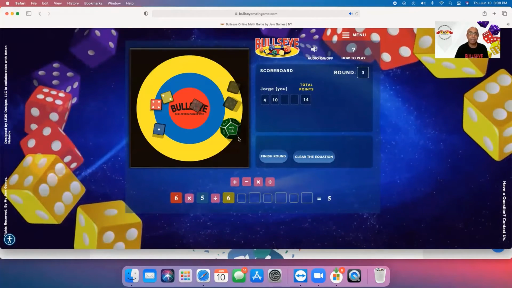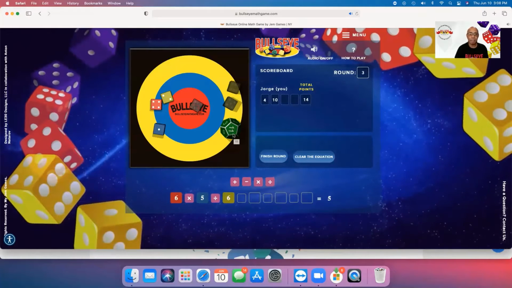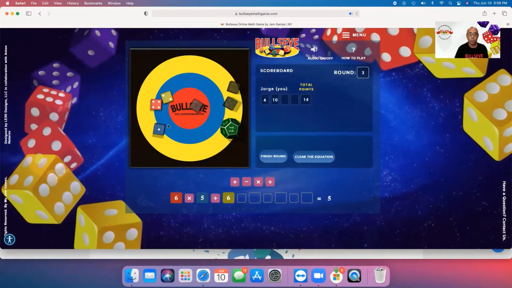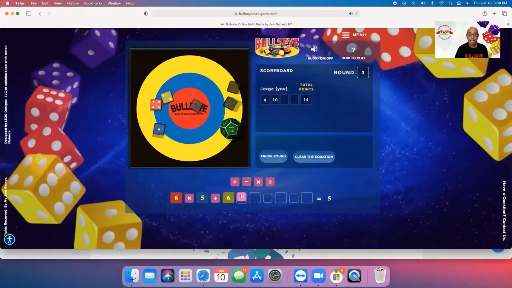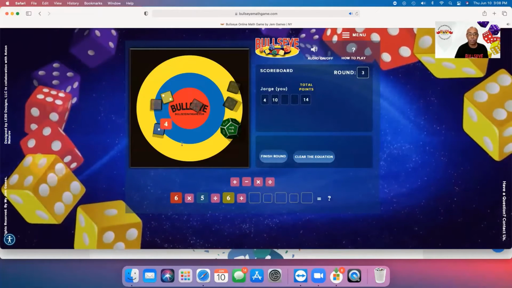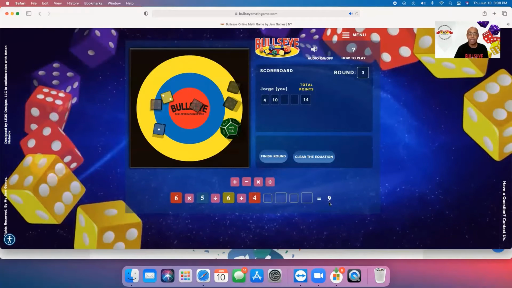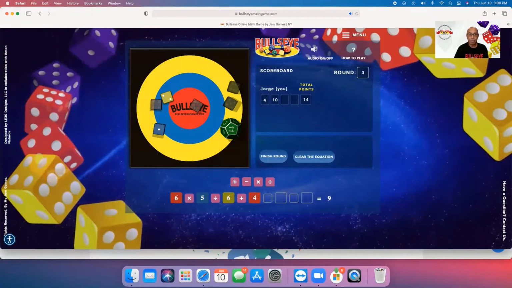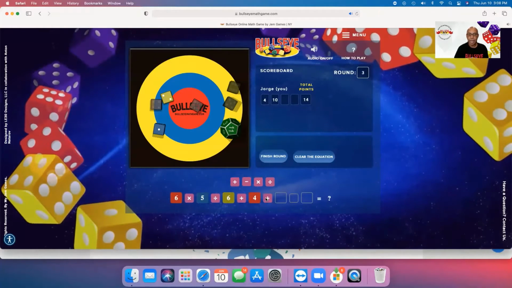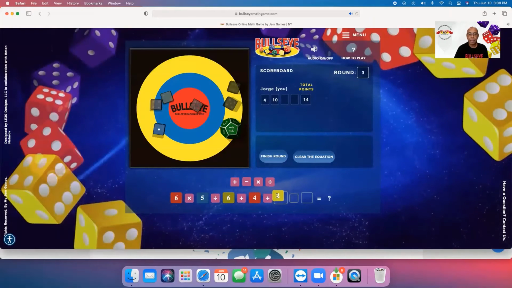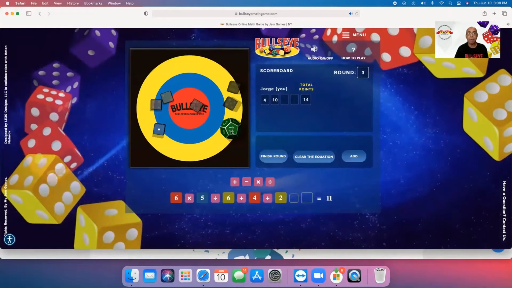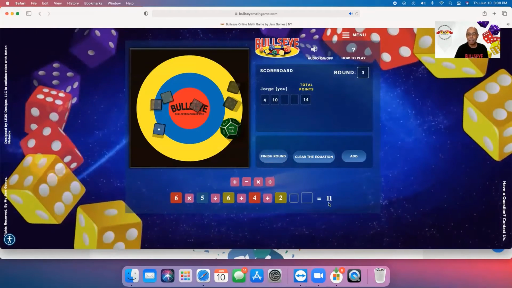Now I need to get that bullseye number of 11. So what I'm going to do is add 4 to that, and that gives me the sum of 9. And then I'm going to simply add 2 to that, and that will give me my bullseye number of 11.